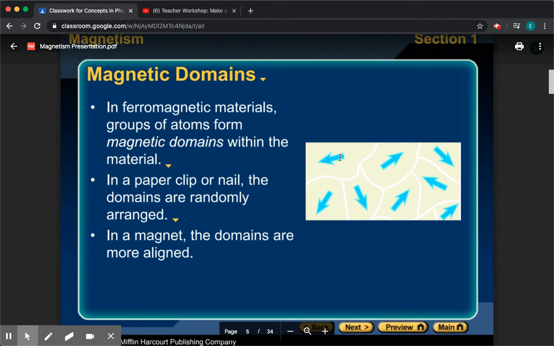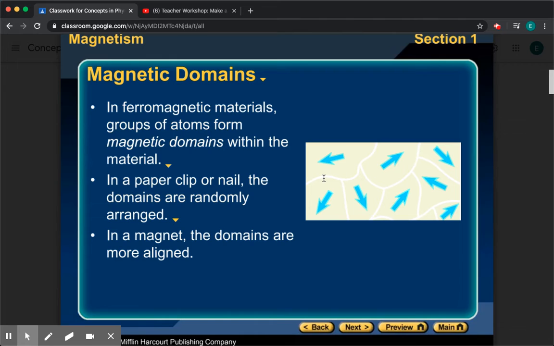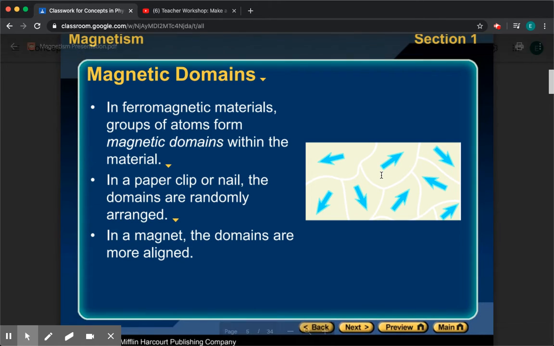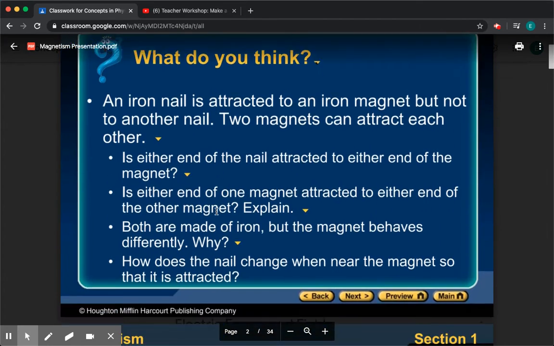This is what the magnetic domains look like. Inside a magnet, these arrows all point in the same direction. When these arrows all point in the same direction, you have magnetic alignment, and now the material can produce a magnetic field.